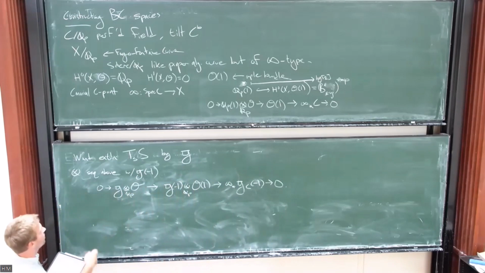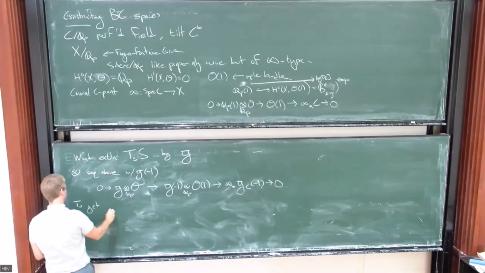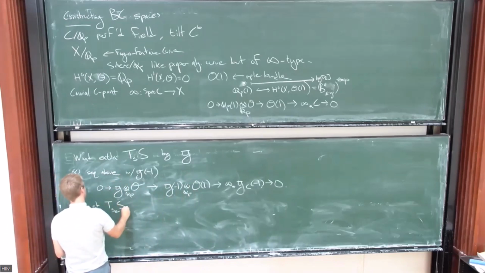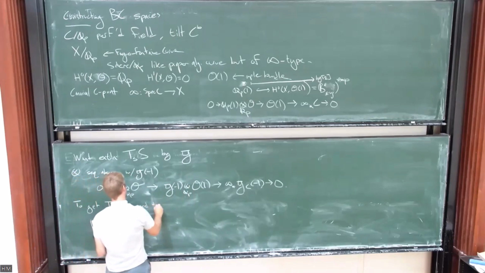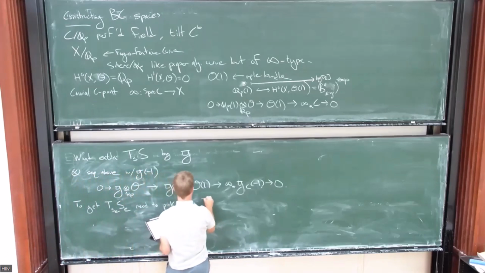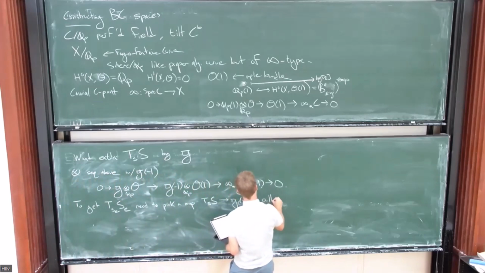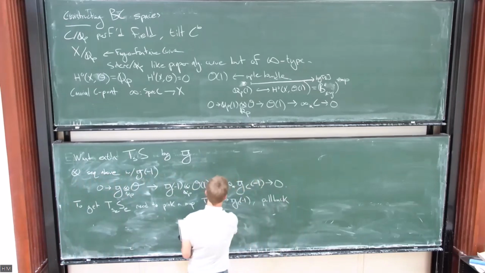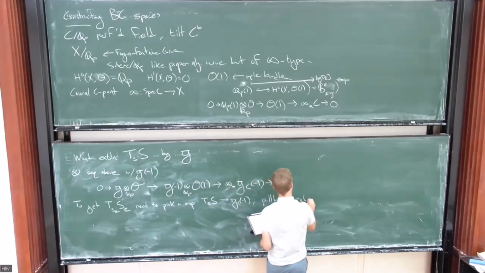So if I want to get something like this, to get the extension I'm interested in, I need to pick a map from ESE to DC minus 1 and pull back, taking the induced map from infinity star of this to infinity star of this, and I pull back the extension along that map.